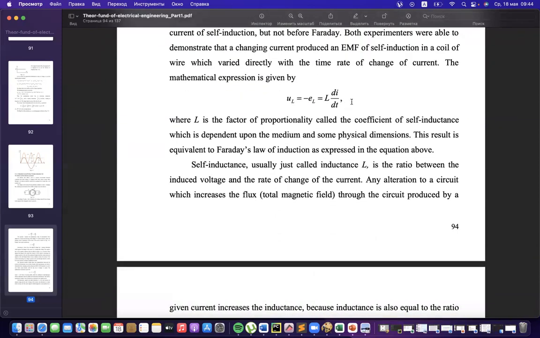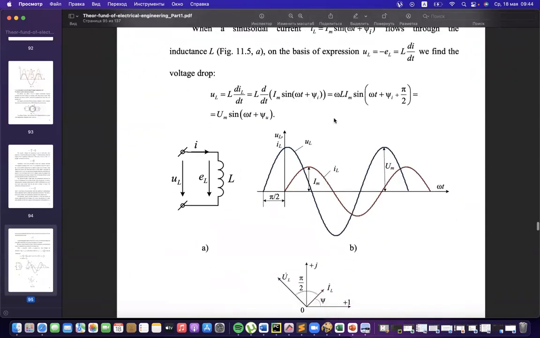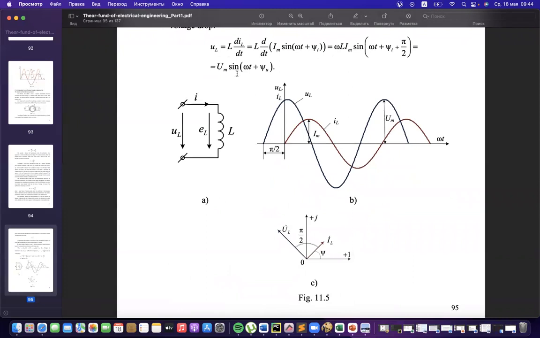Starting from the general formula of voltage, we obtain that the difference between the initial angles of the voltage and current sinusoids equals 90 degrees. And in vector form, voltage and current have a 90 degree difference between them, and voltage leads the current.